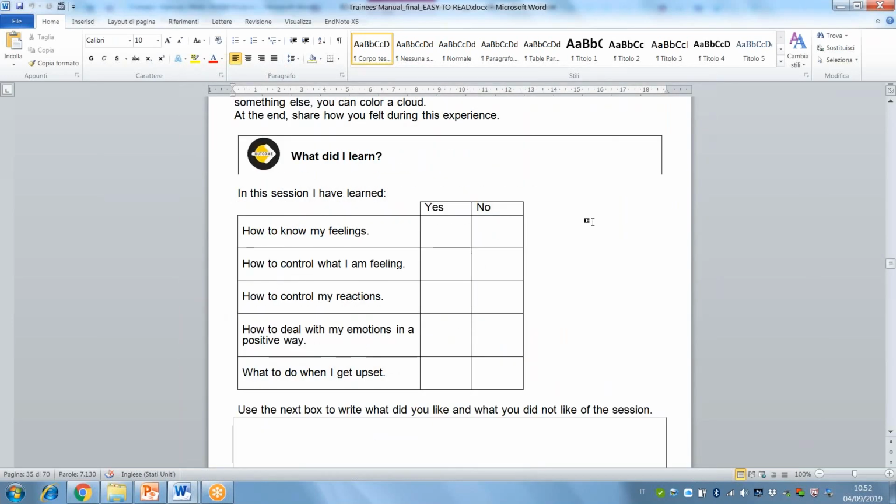This is the table that trainees will find in their manual and that can be used to do the final reflections, to ask the final questions about what they have learned.